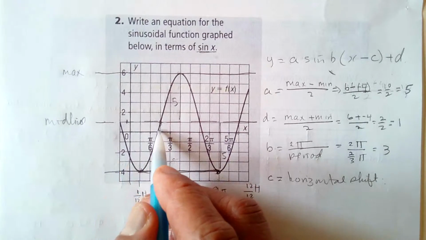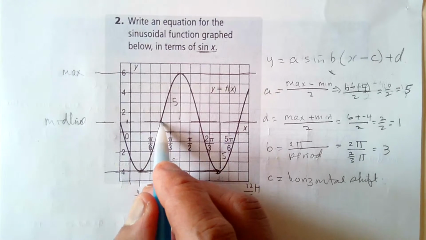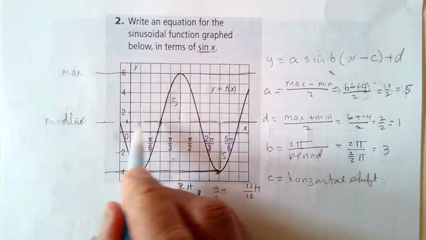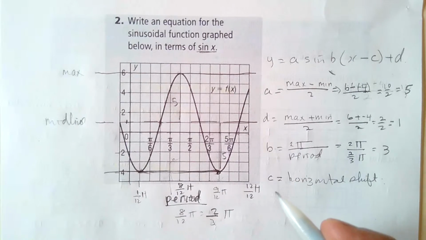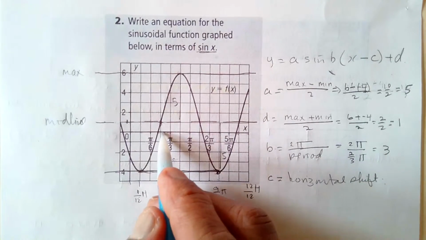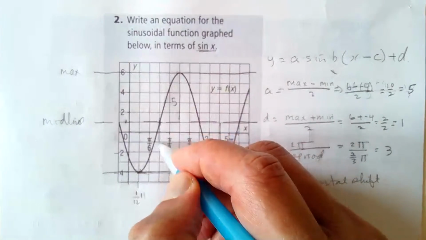So now, roughly, we have a possible phase shift of a quarter pi, because here this is a quarter.